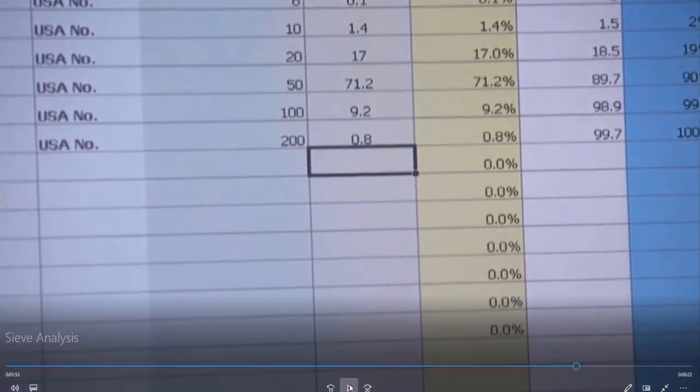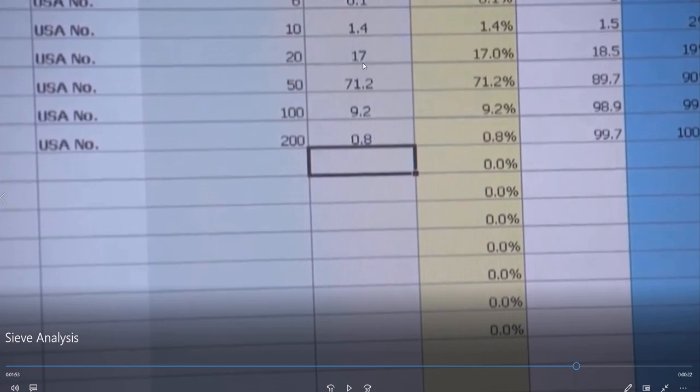Generally, a difference of less than 1% is acceptable. Okay, what you will see here is that he's putting the weights that are retained in each sieve. He loaded 100 grams to the top sieve, and then he started the mechanical shaker, and at the end he weighed the amount of powder retained in each sieve.